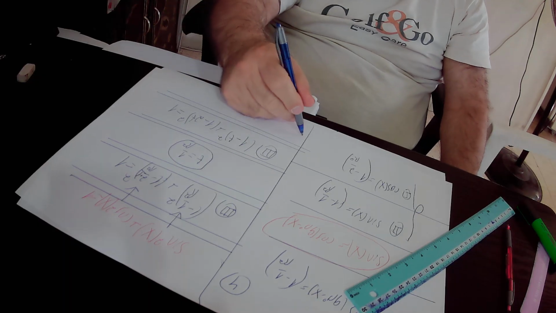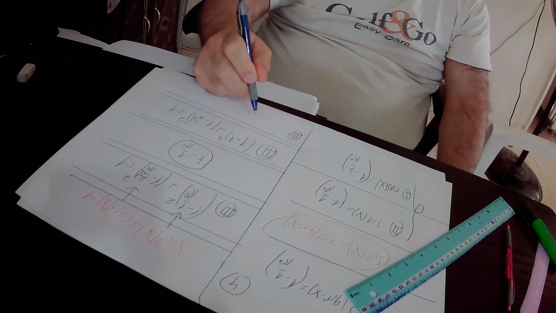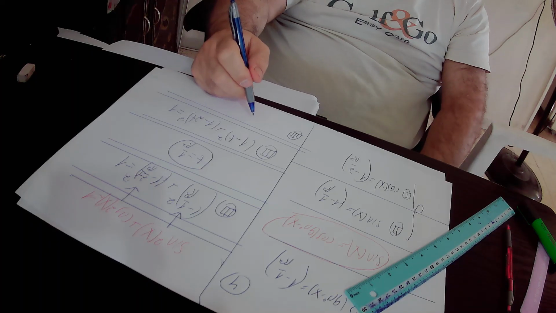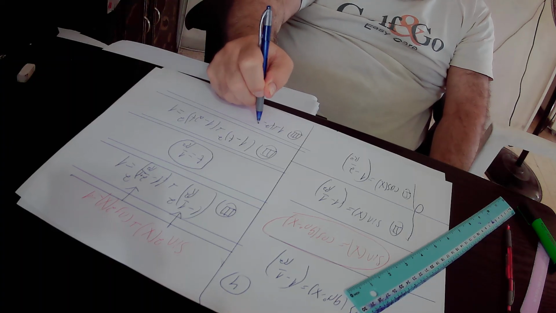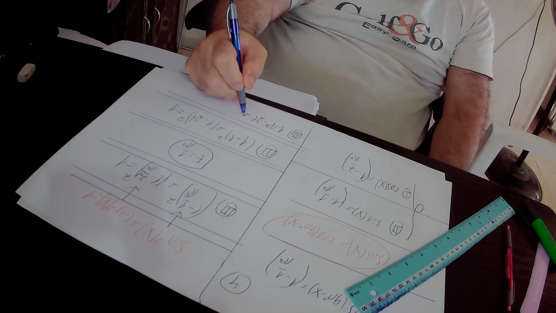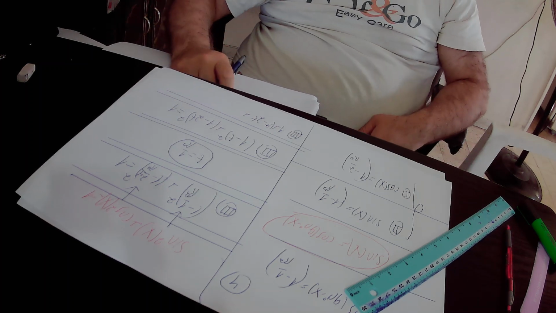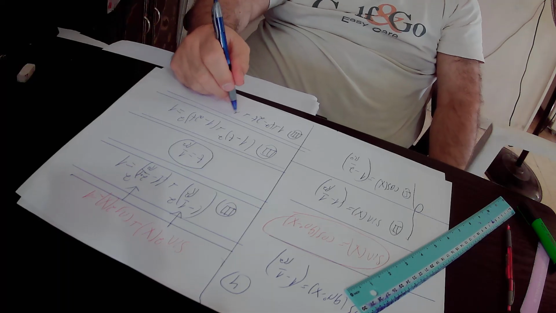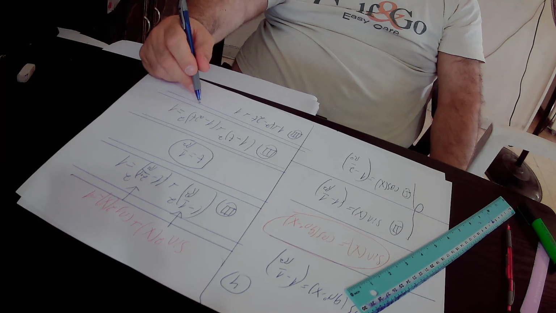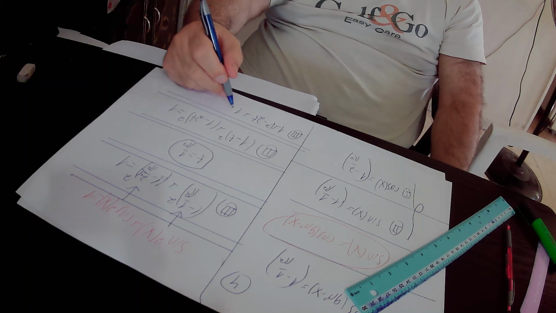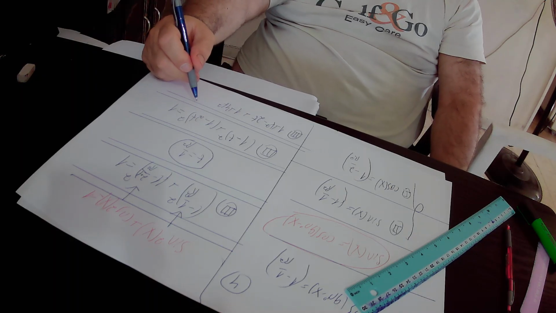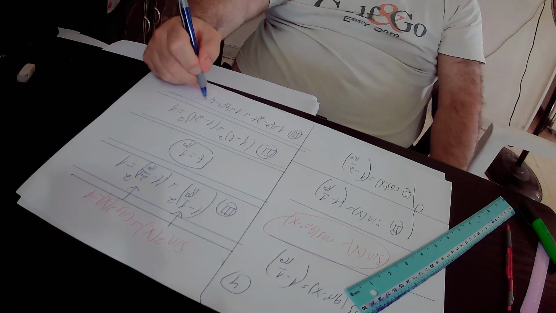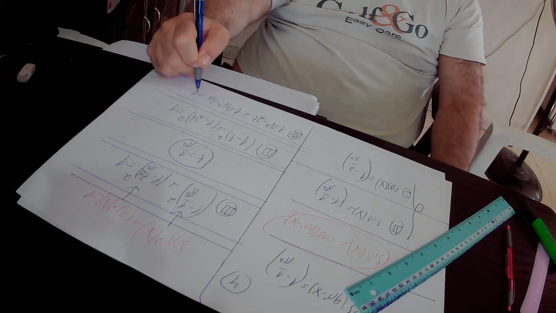According to this equation 3, we have (1 minus t) squared equals 1 squared, that is 1, plus t squared minus 2t, plus (1 minus 2t) squared, which equals 1 squared, that is 1, plus (2t) squared, that is 4t squared, minus 2 times 1 times 2t, that is minus 4t, and it equals 1.